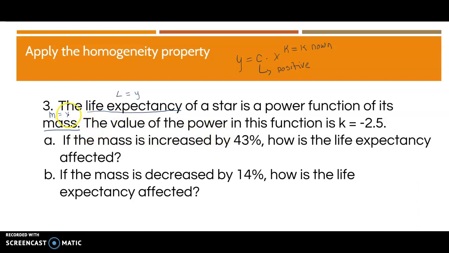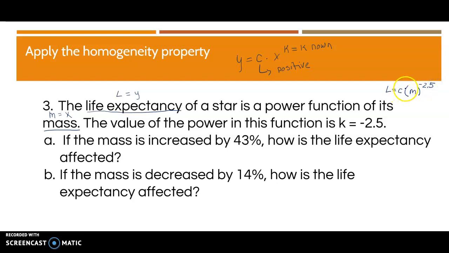So then I am able to write a generic equation for this situation. I am told here that K is negative 2.5. So I know that the life expectancy is some constant times the mass to the negative 2.5 power.